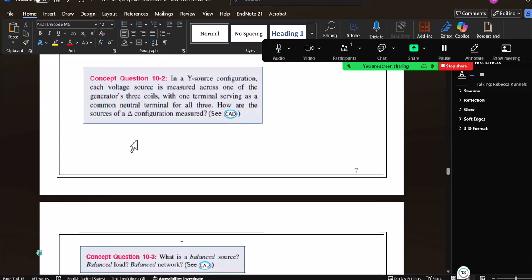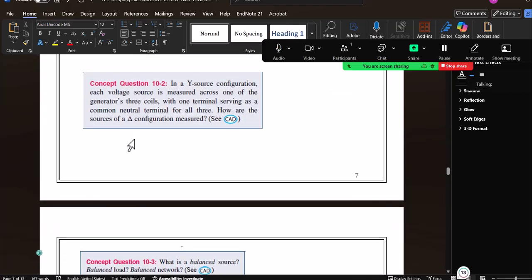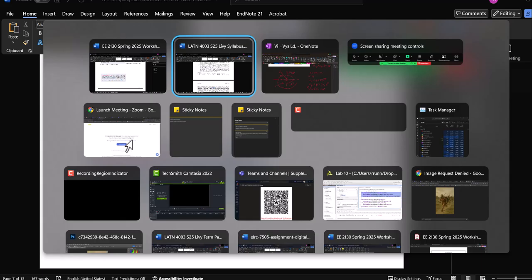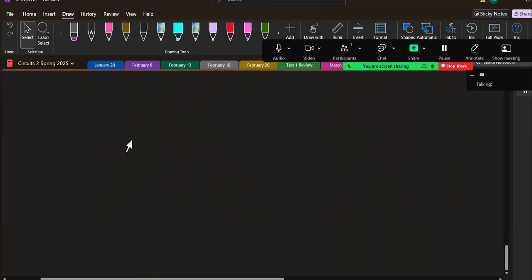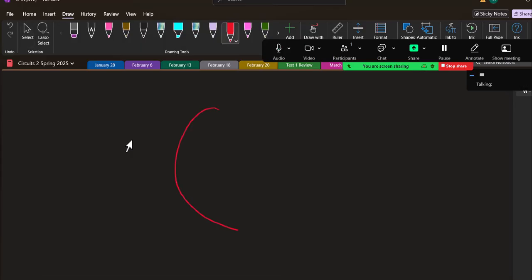Okay, so let me just show you, let me draw it. So you have this, and you have these coils. Oh, it's been a long time since I took power, but you deal with what you put inside of these coils.